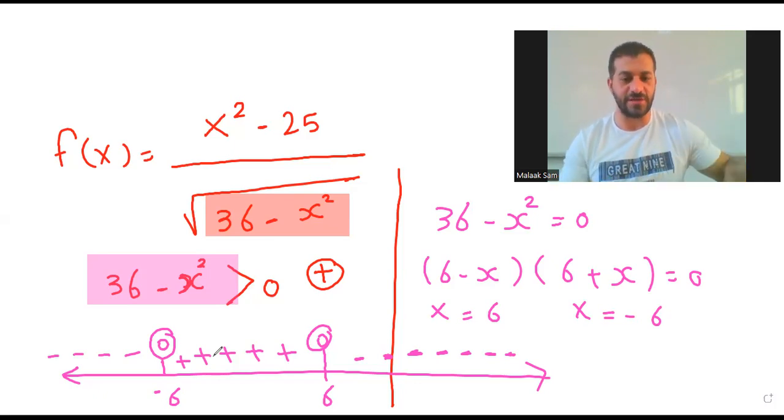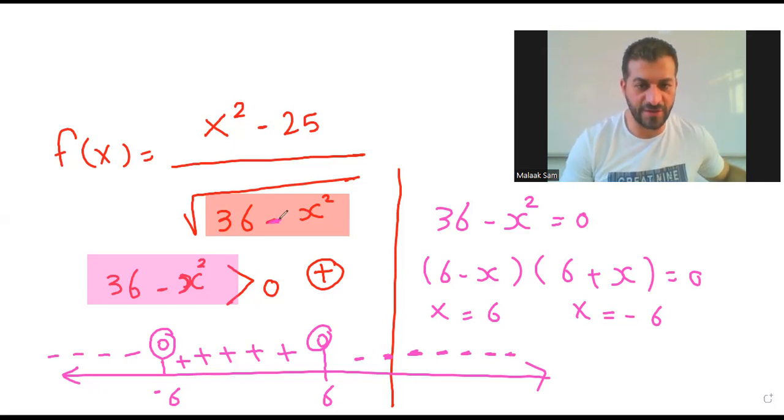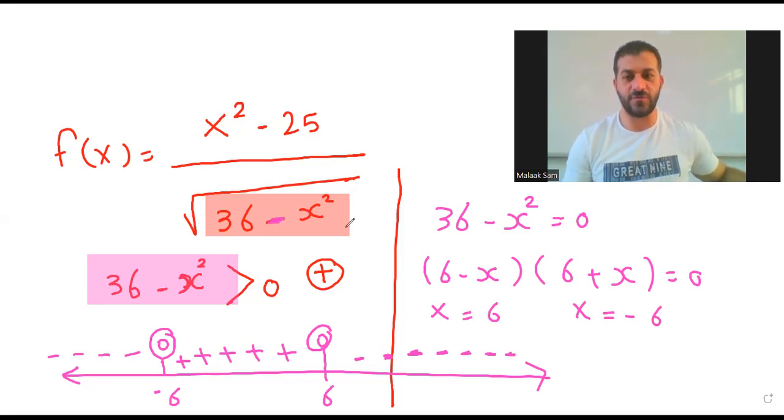And as you see, if you look at the function, I have negative x squared. So on the two terminals of the number line, they are going to be negative. And in the middle will be positive, the opposite of the sign of x squared.